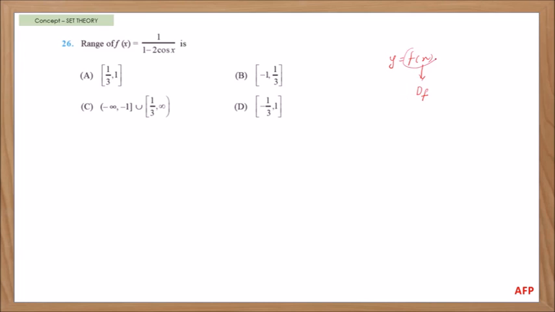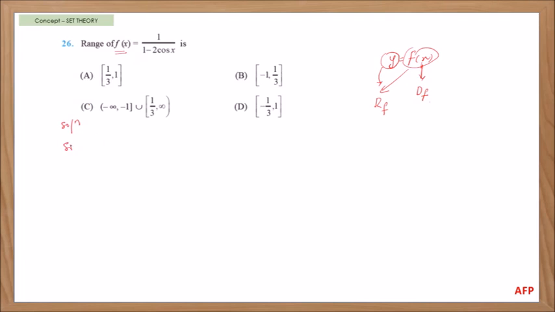All the f of x values for which the function value exists are the range of the function, or all the y values are called the range. Here we are supposed to find the f of x values. Range means f of x values. So, solution for this.